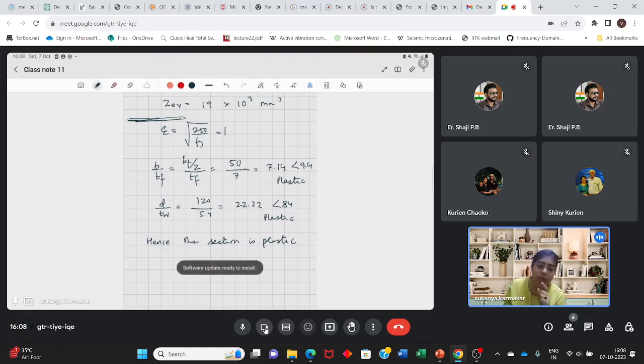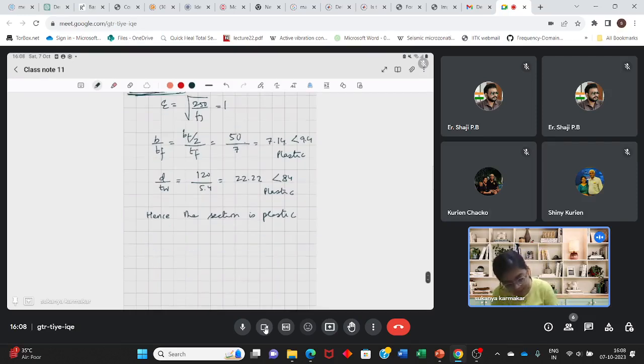That is why, while calculating for the semi-compact section, you have seen the beta B value in IS 800 is ZE by ZP, which you then multiply with ZP. Basically, Md is beta B ZP Fy by gamma m0.